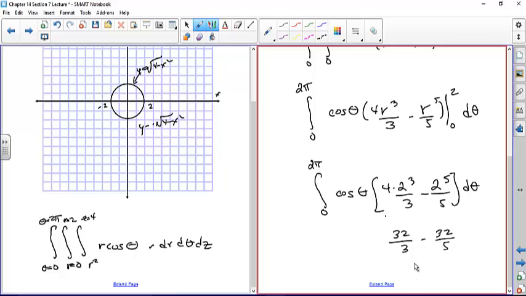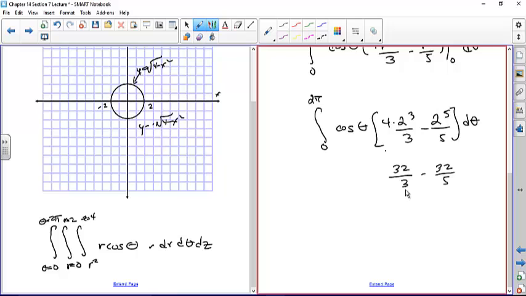If we convert this to 15ths, we multiply these together, you get 160, and if you multiply those together, you get 96, all over 15. So that's 64 over 15. I think we can't simplify that because this is not divisible by 3 or 5.